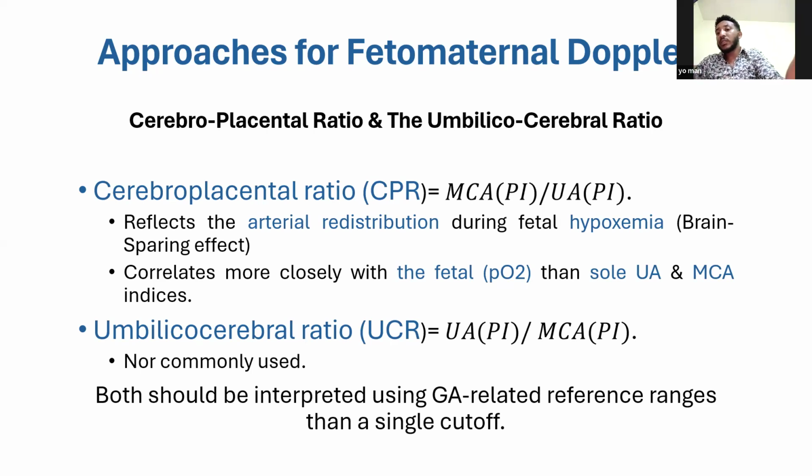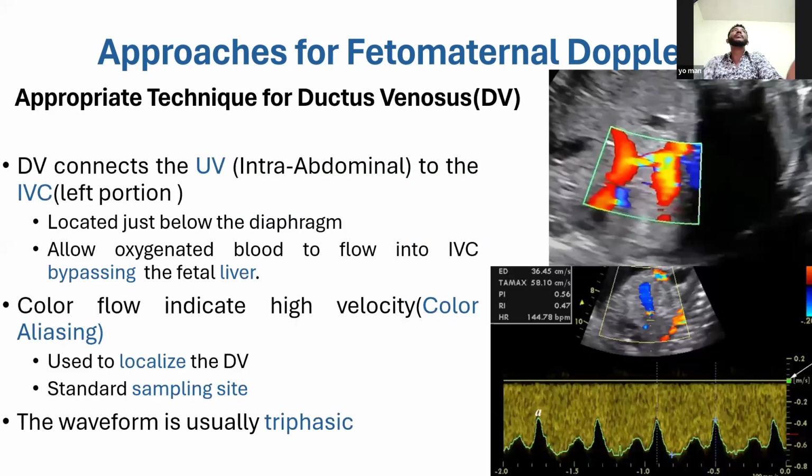For example, in my practice, the umbilical artery pulsatility index could be normal, and the middle cerebral artery pulsatility index could also be normal or borderline. So the best or the only option is calculating the cerebroplacental ratio, and it will indicate the exact figure.